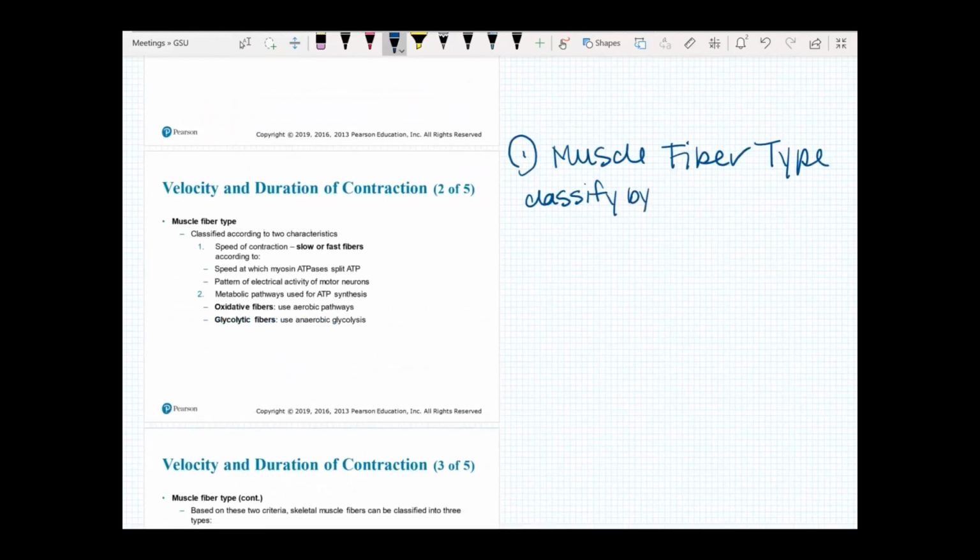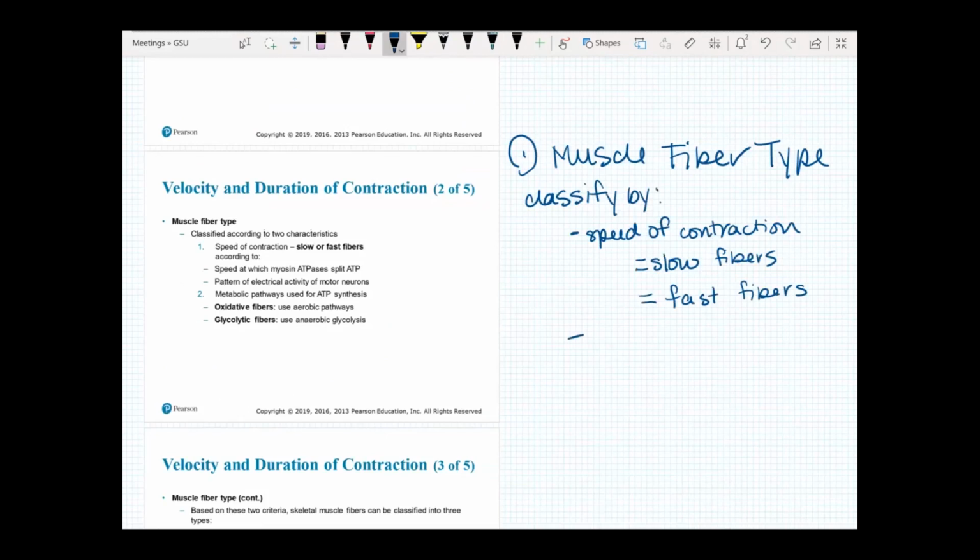The first way is going to be the speed of the contraction. The faster you are able to contract versus the slower you are able to contract. So we're going to have slow fibers and we're going to have fast fibers. So you can contract things slow or you can contract things fast.